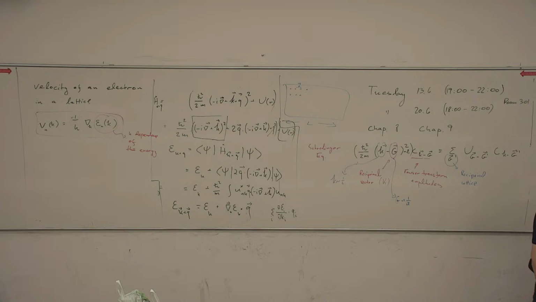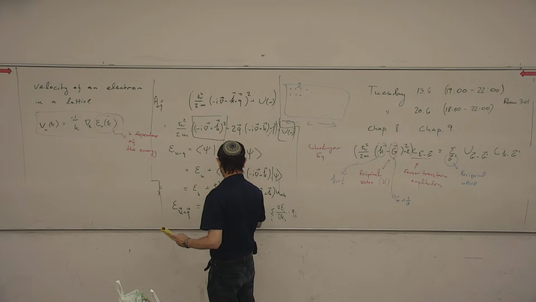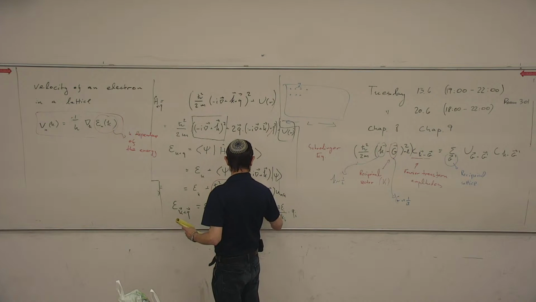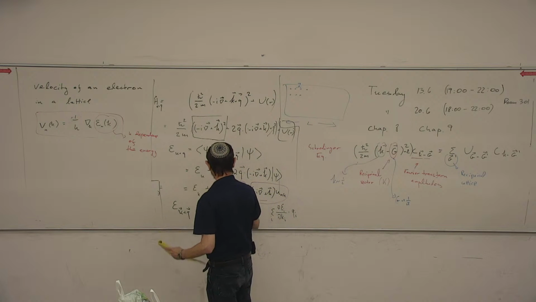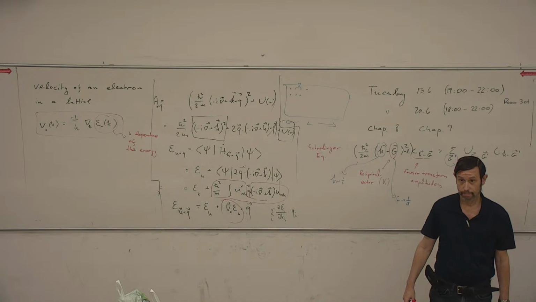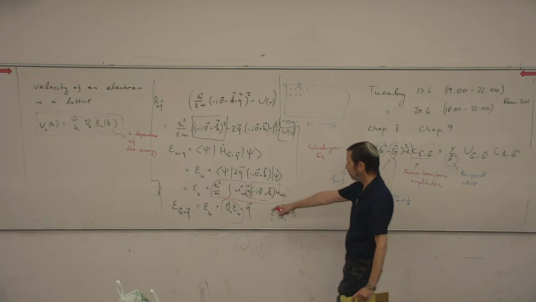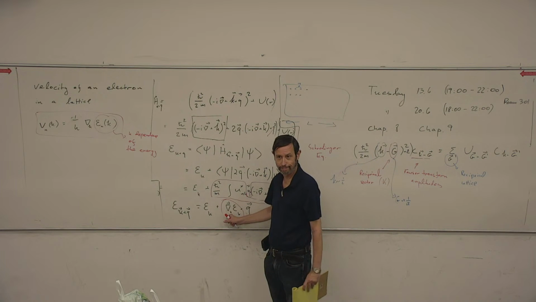So this part is equal to this part. Here I have q dot something, and here I have q dot something.